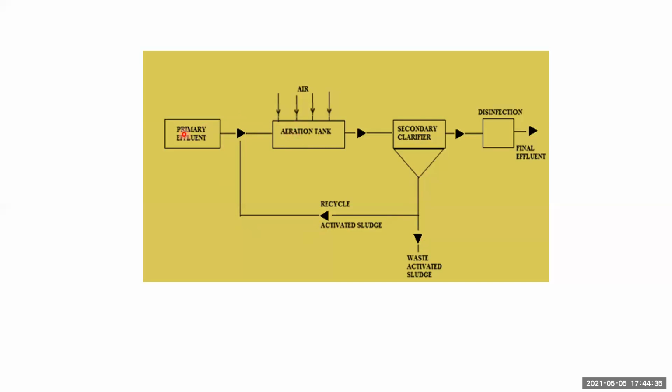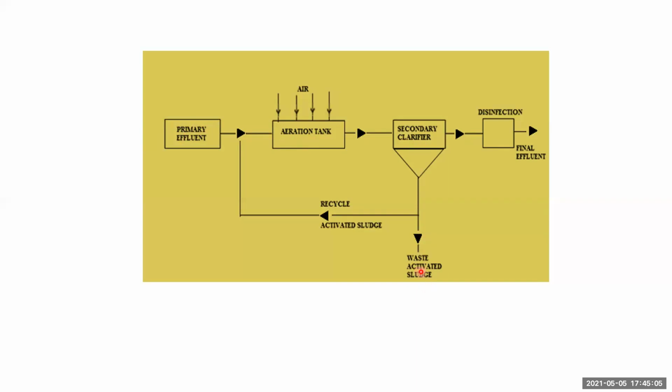So after primary treatment, the settled sewage or primary effluent is first passed into the aeration tank where it is subjected to vigorous aeration and agitation so that air gets mixed up and settleable solids along with active masses of microbes are formed. The settleable solids settle in the secondary clarifier, from where the solid masses are sent for sludge digestion.